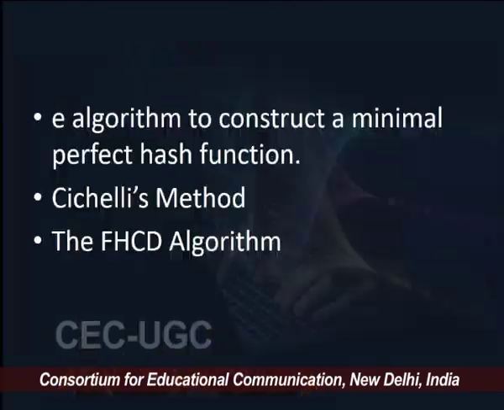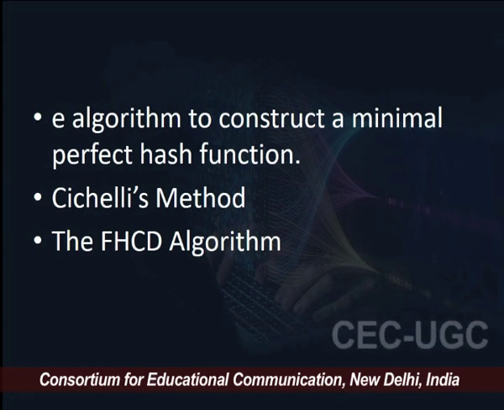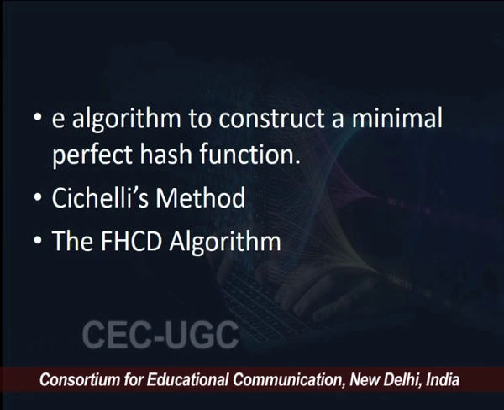Now, the question comes up: do we really have any algorithms to construct minimal perfect hash functions or perfect hash functions? Yes, there are some algorithms that can construct perfect hash functions knowing the body of the data. I am giving you the examples. One is Chichelli's method, another one is the FHCD algorithm.